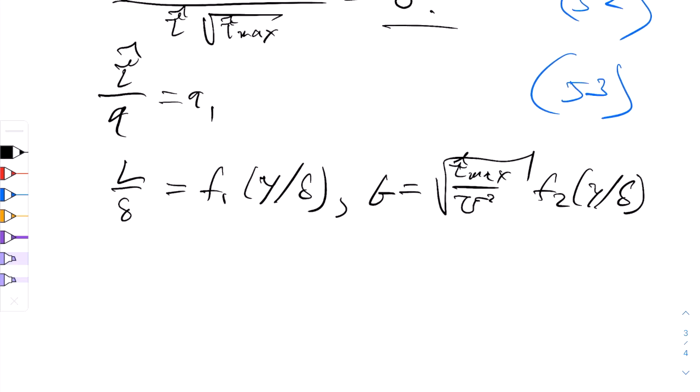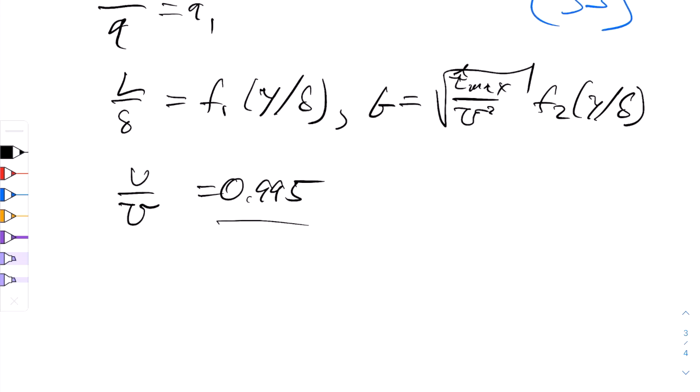And of course, delta and y would be defined with u over U equal to 0.995, where u is the actual streamwise velocity and capital U is the edge velocity, which is a definition people use. f1 and f2 are basically universal shape functions, and they also choose a structure constant a1 of 0.15 from my notes.